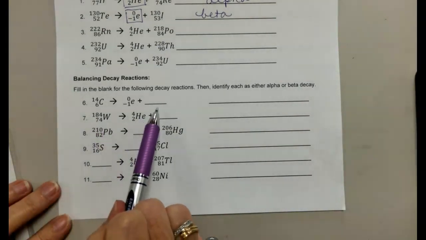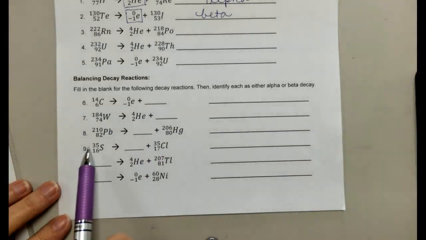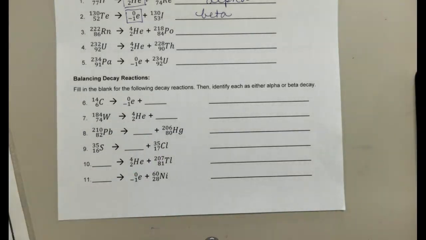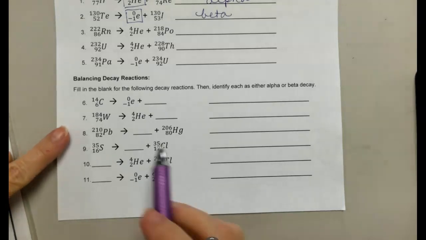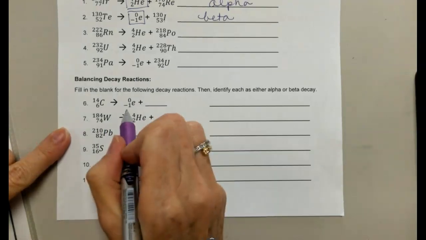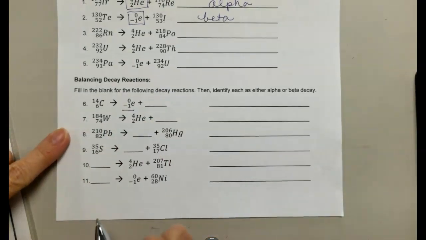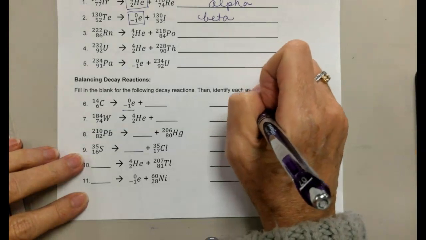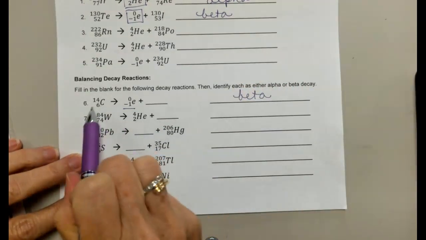But when we have these, we're missing part of our reaction, so we need to fill these in. Right here, notice I've got carbon undergoes decay. What do I see right here? I see an electron emission, which tells me it's beta. Now, how do I finish this off?